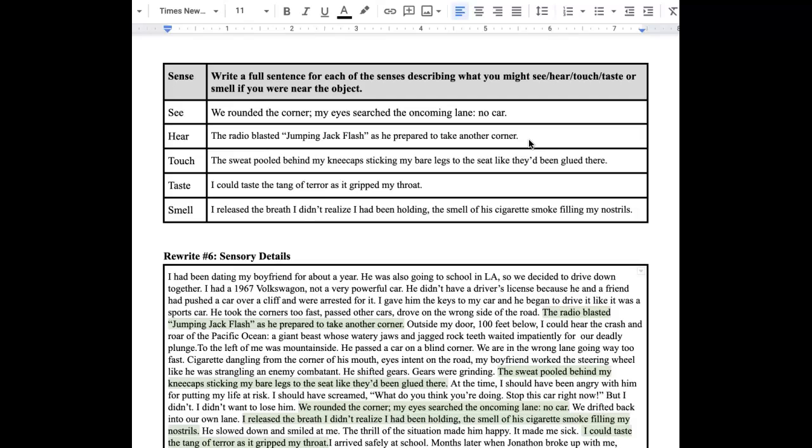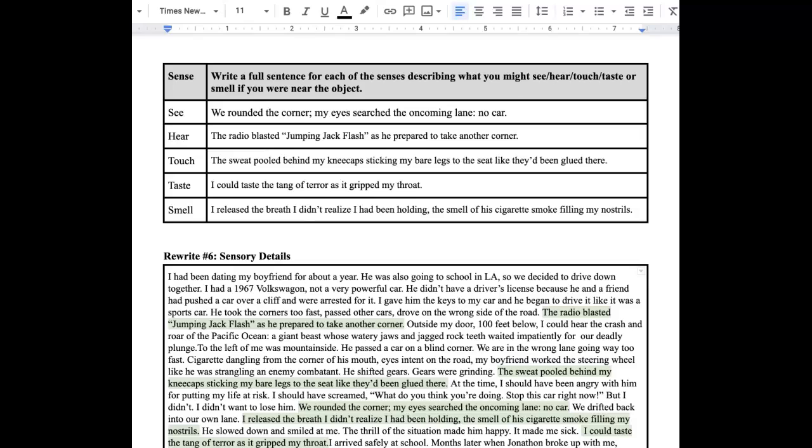Taste: I could taste the tang of terror as it gripped my throat. And smell: I released the breath I didn't realize I had been holding, the smell of his cigarette smoke filling my nostrils. Make sure again that you're writing these sentences so they're ready to place in your story.